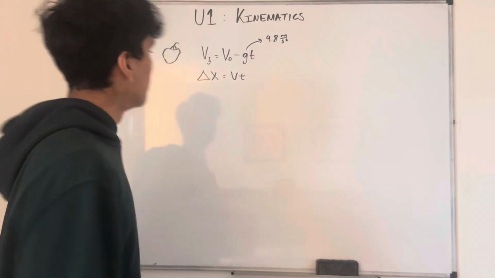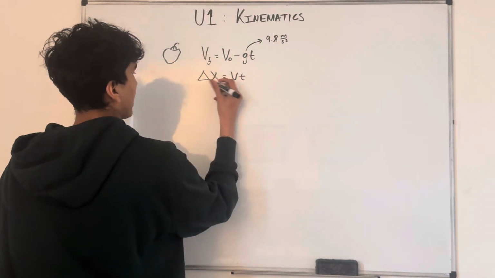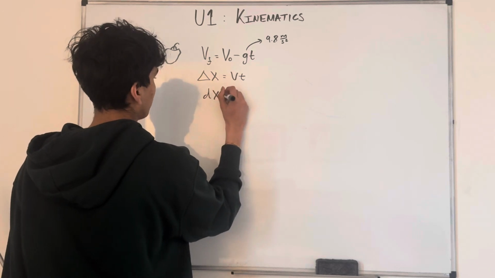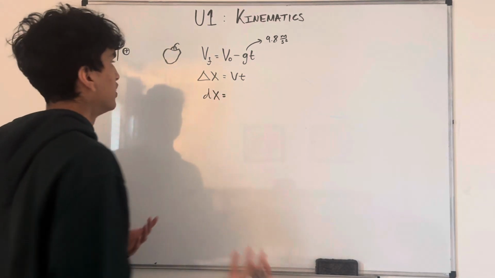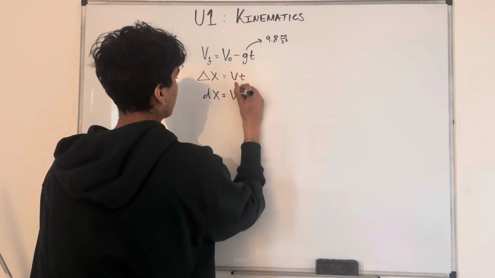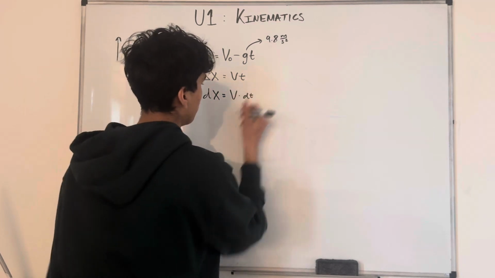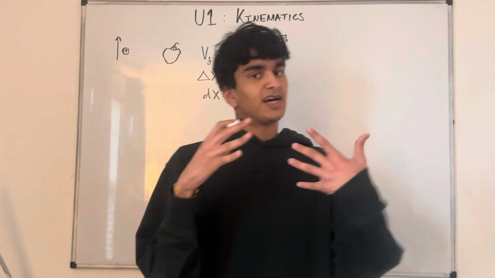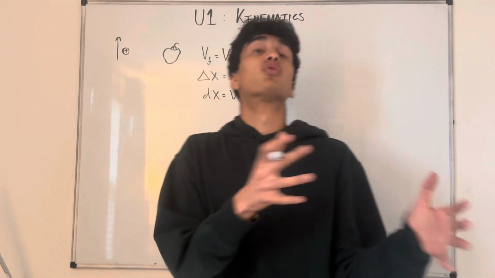The velocity doesn't change that much. So we can say that dx, a small change in displacement for a falling object, will equal velocity multiplied by that small change in time, because in that very small change in time the object's velocity is roughly constant.